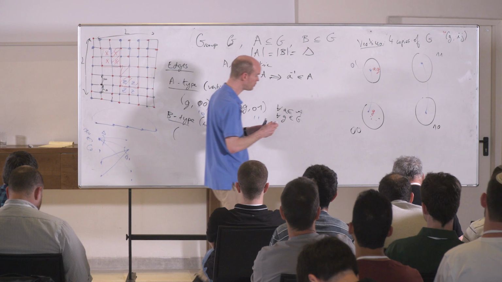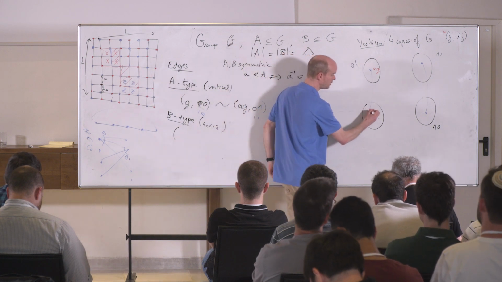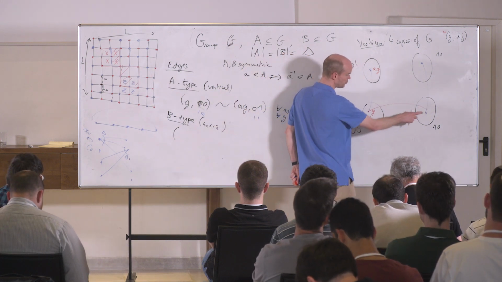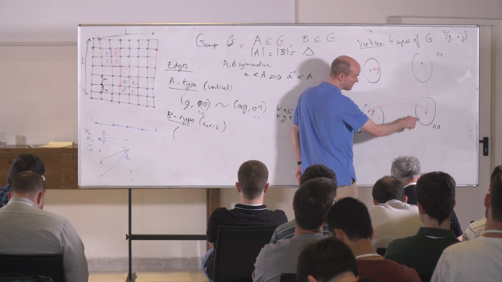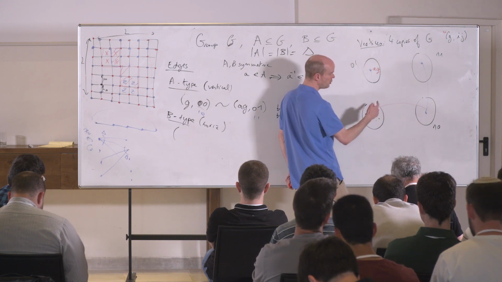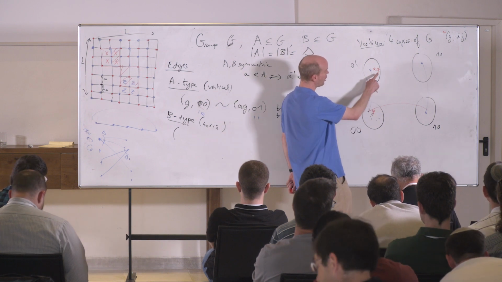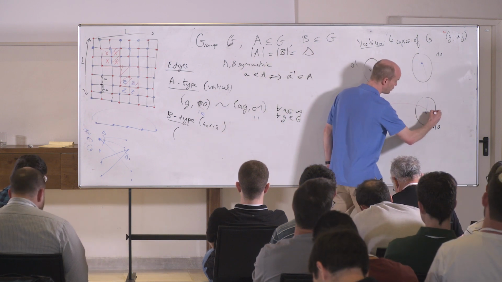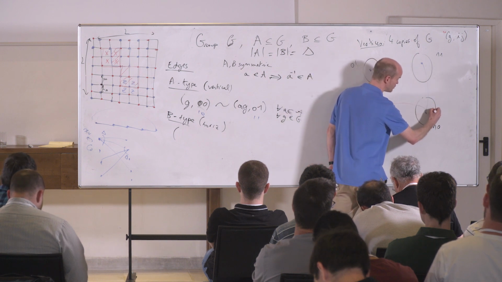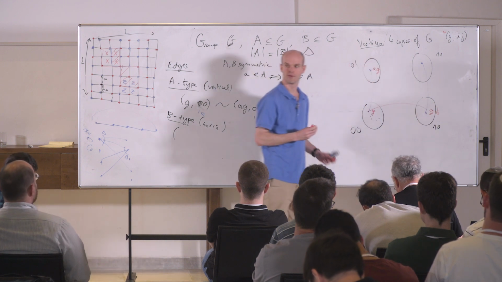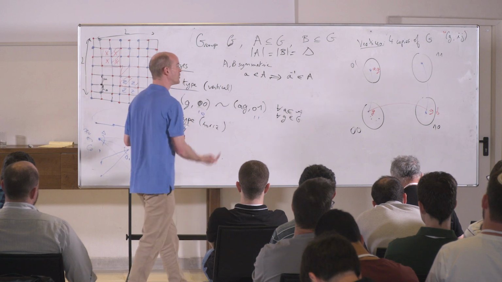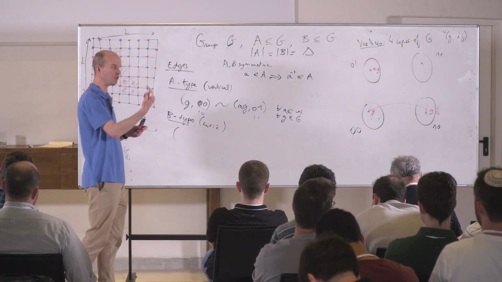So what do I want to do now? I want to go from g in this set to another group element in that set. And what I will do is multiply with an element of B, but I will multiply on the right of g. So I will go from g to g times b. Okay, so when I go up or down, I multiply by a on the left.